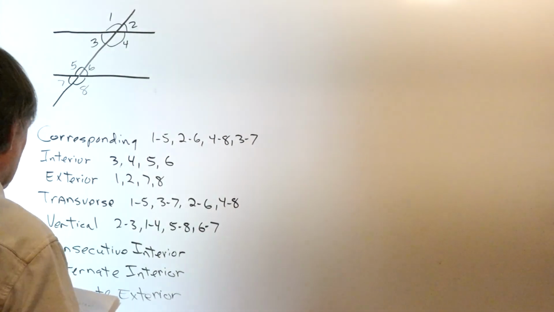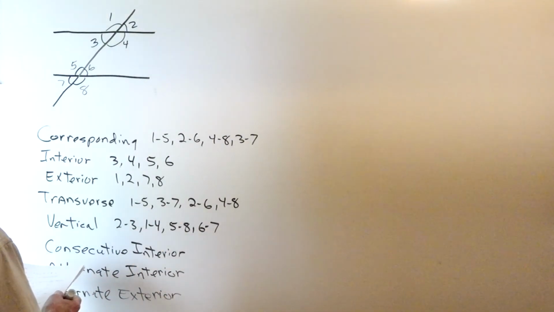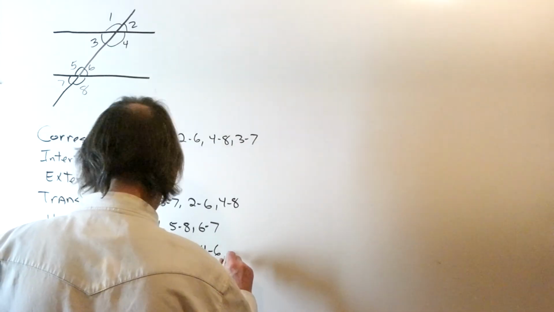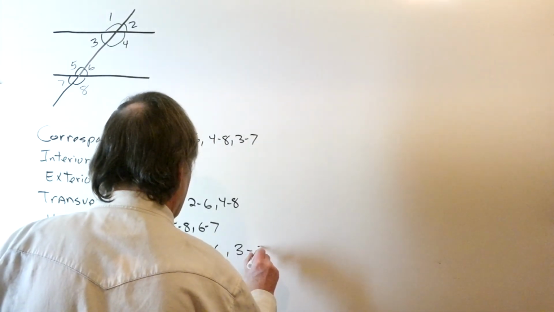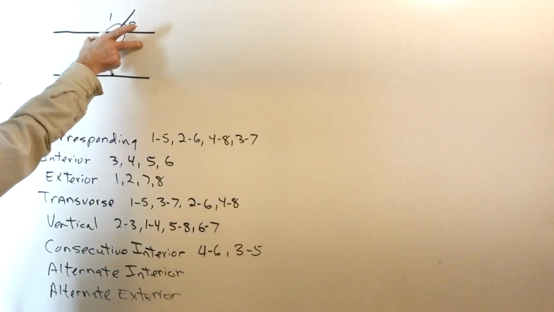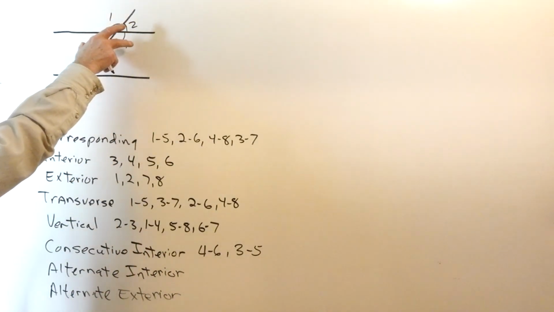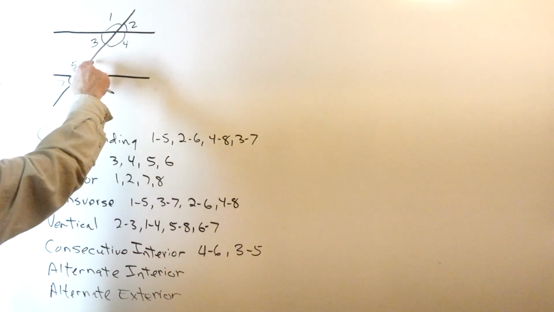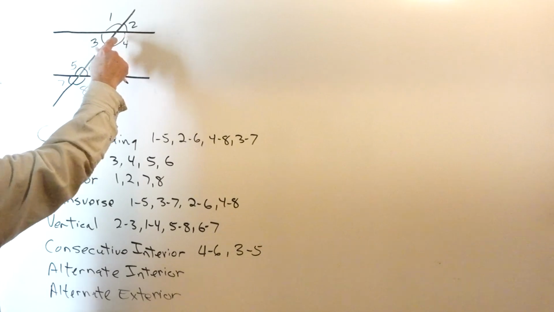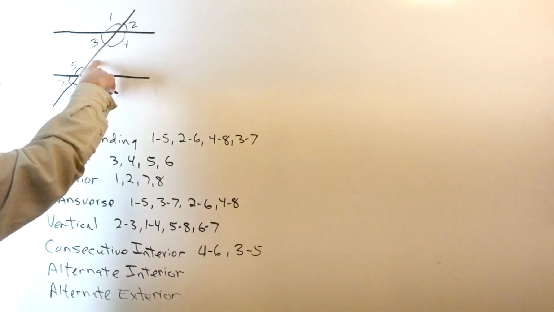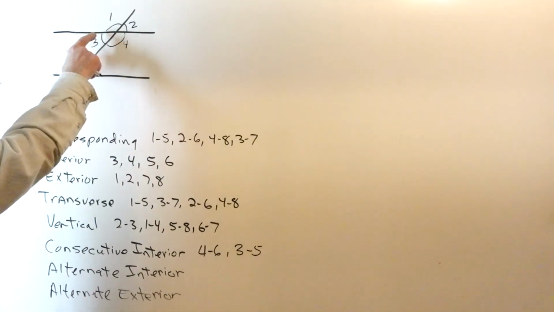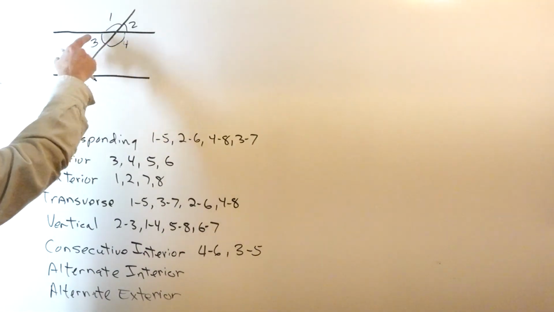The consecutive interior are the pairs 4, 6, and 3, 5. So 4, 6 are interior angles, consecutive on the same side of the transversal, and 3, 5 are the consecutive interior angles on the other side of the transversal.